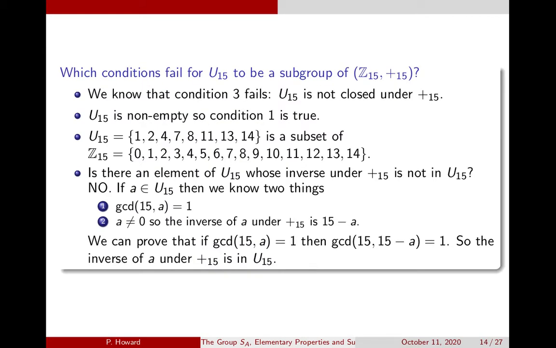Sorry, I'm leaving that fact for you to prove. So this means that the only condition that fails for U sub 15 to be a subgroup of Z sub 15 plus sub 15 is the fact that U sub 15 is not closed under plus sub 15.